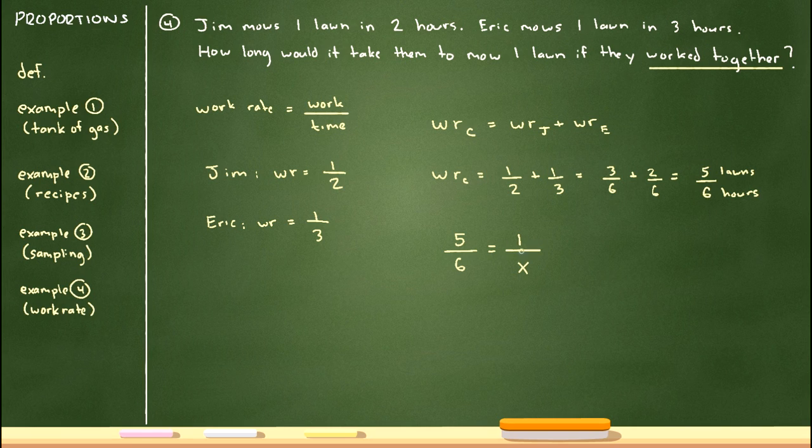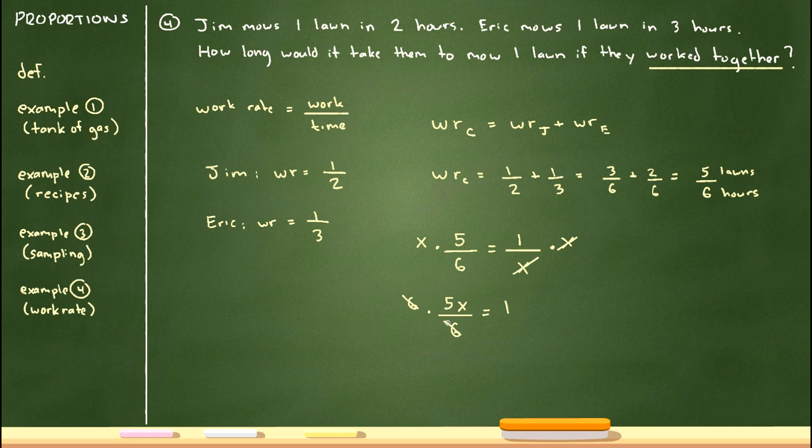But we want to find out what 5/6 is equal to when your numerator is 1. So what would x be? Well, we want to go ahead and solve for x. So we need to get this out of the denominator by multiplying by that variable. So we obtain 5x divided by 6 is equal to 1. And then we want to get the 6 out of the denominator here.